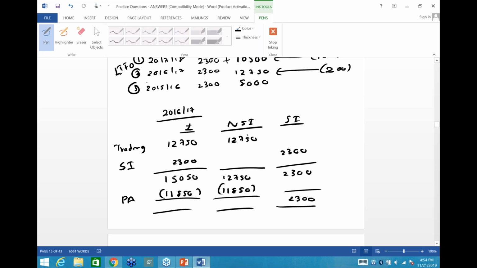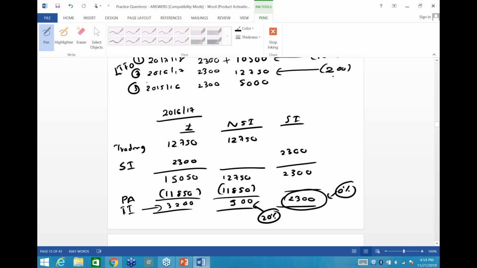Taxable income for trading profits, here you have 900. So this 2,300 will be taxed at 0 rate, as it falls within the first 5,000 of your taxable income, but on this 900 you have to pay taxes at 20%.